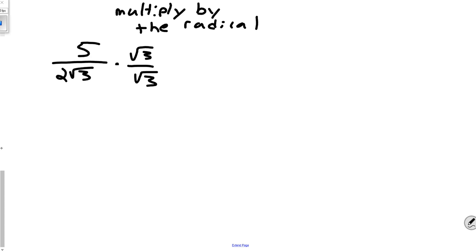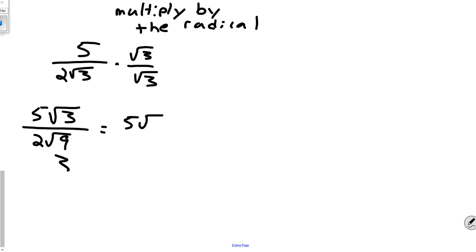5 times root 3 is just 5 root 3. The 2 stays there. Root 3 times root 3 is root 9, and the square root of 9 is just 3, so it's 2 times 3, which is 6. It's just 6 on the bottom.